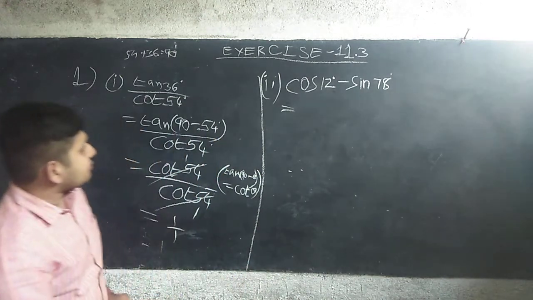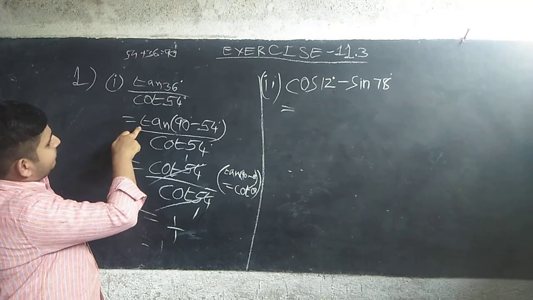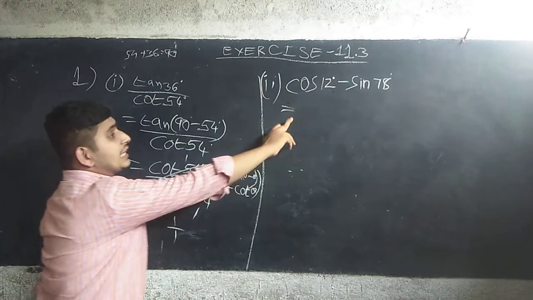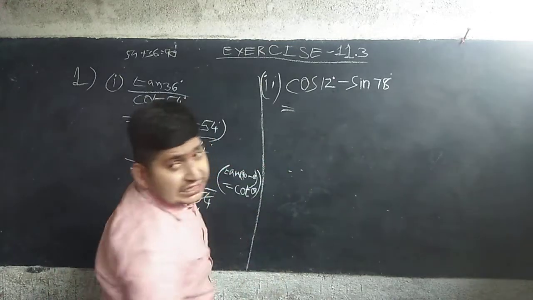In the first problem we changed the first trigonometric ratio. Now in the second problem we can change the second trigonometric ratio.